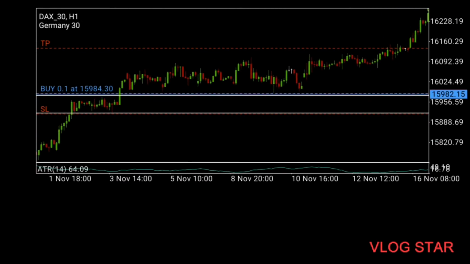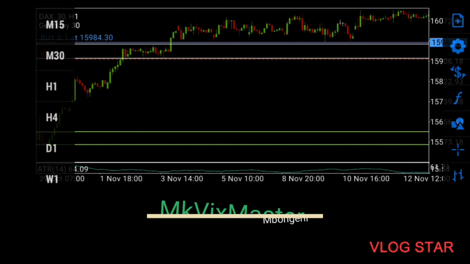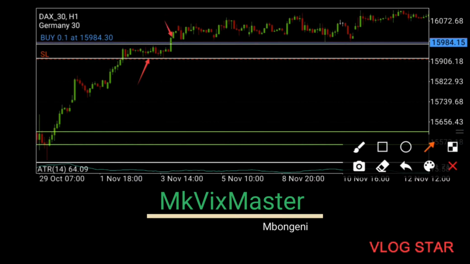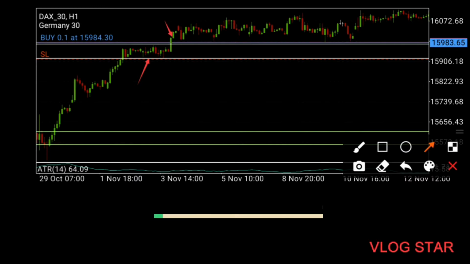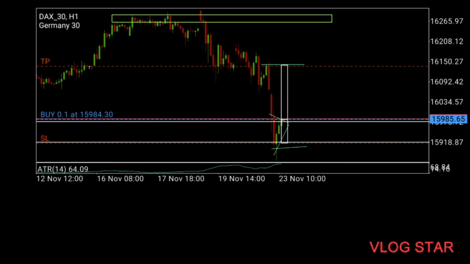If we take a look at the previous data, this area was once support and it was once resistance. It was tested, and it rejected all the times. So now the market came back to that area.